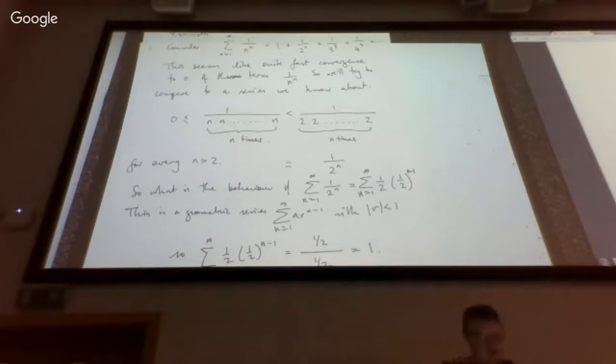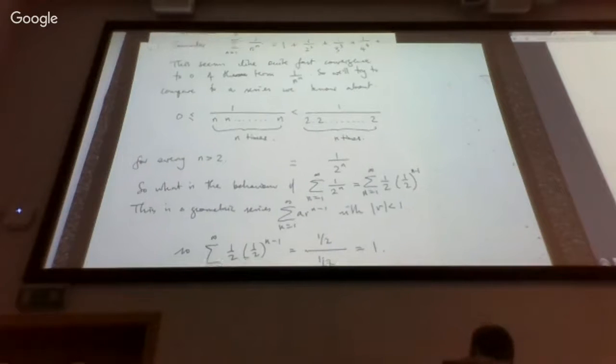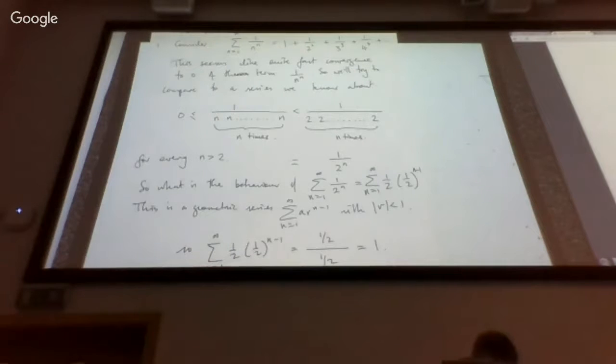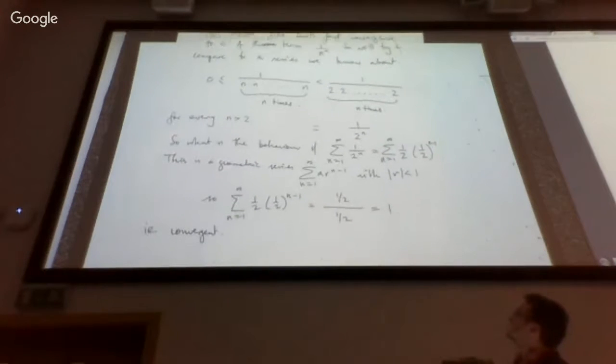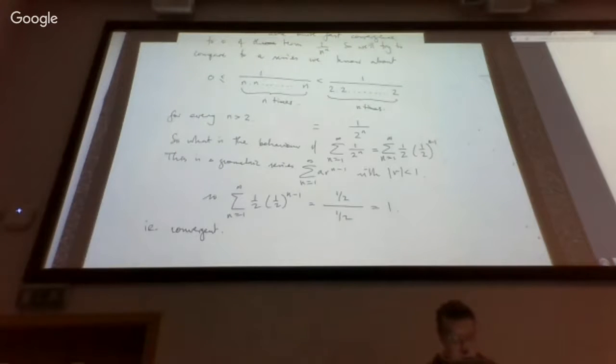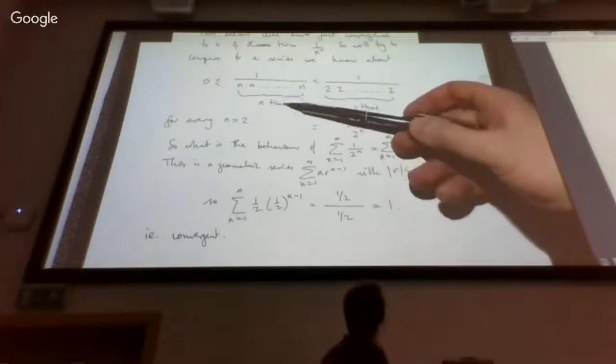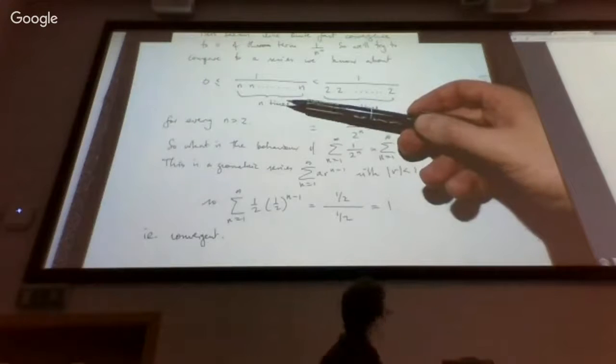Remember, the formula was a over 1 minus r. So this is our a being a half over 1 minus r, so 1 minus a half is a half. So this is convergent. So therefore, we've taken the term from our series in question.